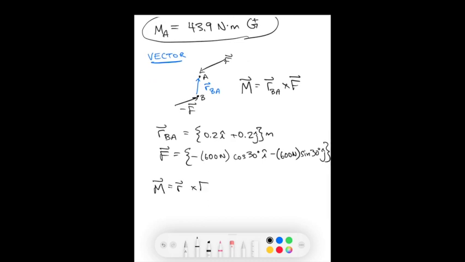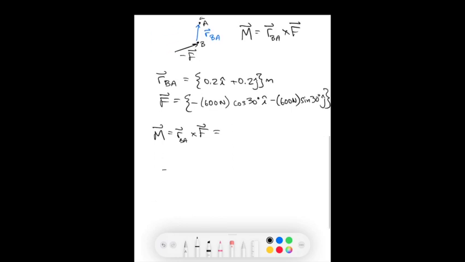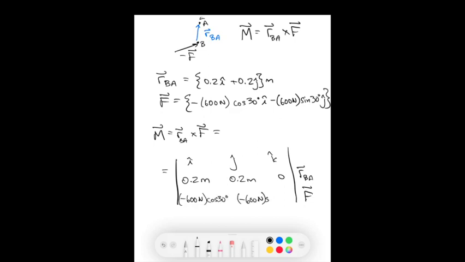So now the moment is equal to the cross product of these, which we can do using the determinant. So this is r_BA, this is F. Remember your negative signs.